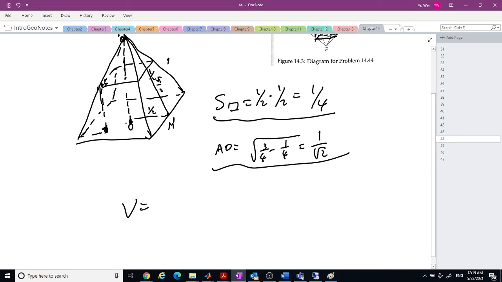This is the half of the AO, but we have another part. So the height is 1 over √2. So the volume is 1/3 of the face times 1 over √2.